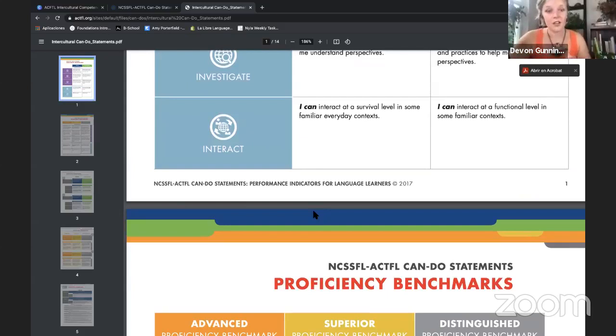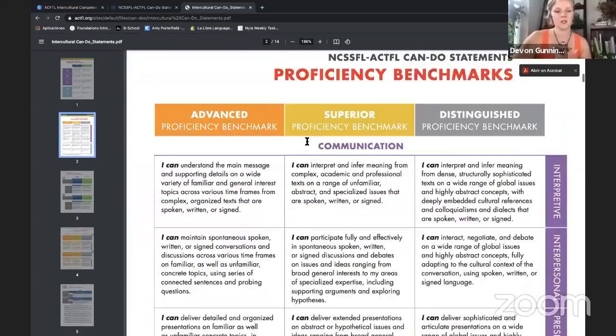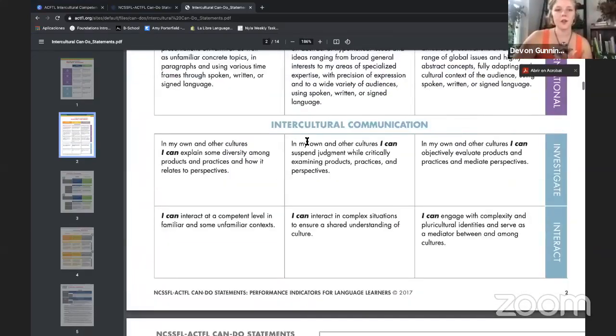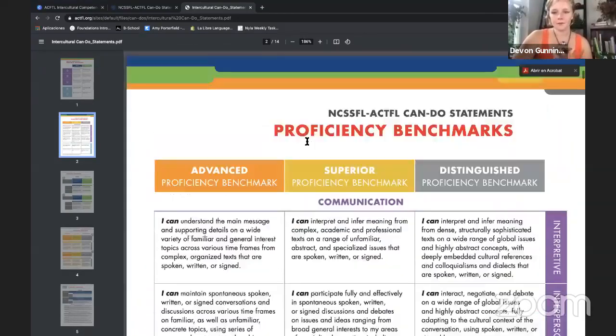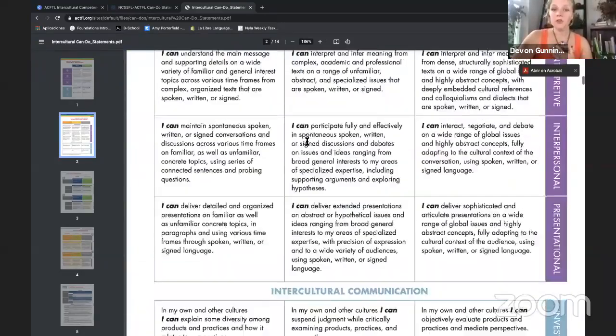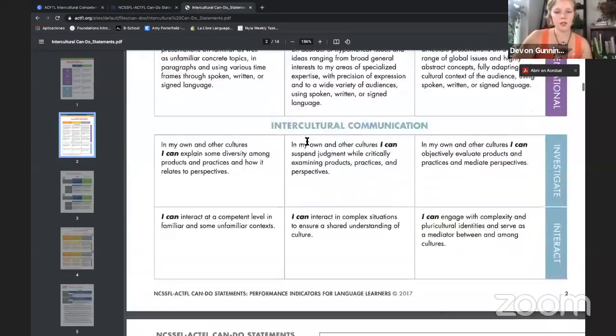This is the real good one. Interact. I can interact at a survival level in some familiar everyday contexts. Really helpful language. So let's see how we can use this to our advantage. And you'll see that it goes to advanced, superior, and all those good things.